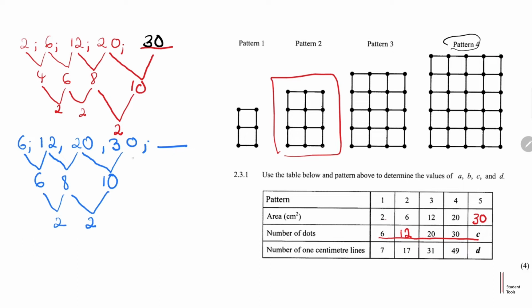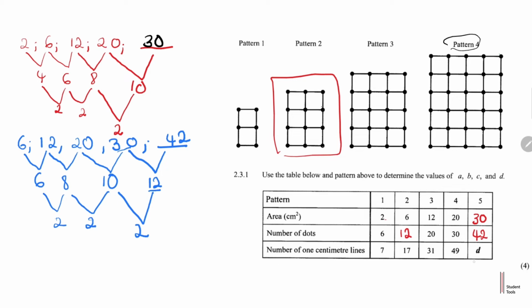So the difference between 30 and C will be a 12, because the common difference is 2. We would have to add 30 and 12. So 30 plus 12 is 42. So the value of C is equal to 42.